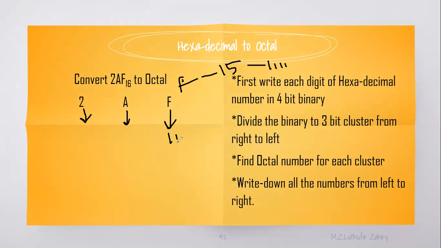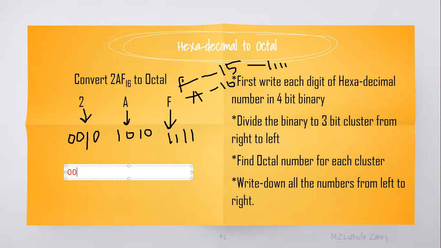So you are going to write it 1 1 1 1. And A will be 10, so 10 is 1 0 1 0 in binary. You can check the table. For 2, it's going to be just 1 0, but you can add 2 zeros to make it 4-digit. Now you have to combine it all together: 0 0 1 0 1 0 1 0 1 1 1 1.